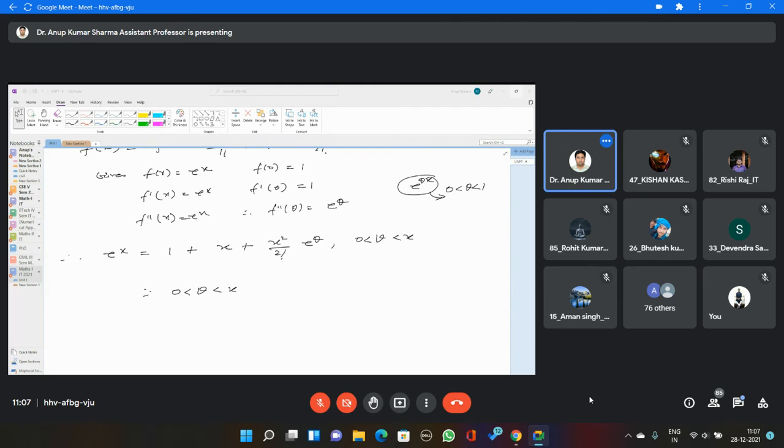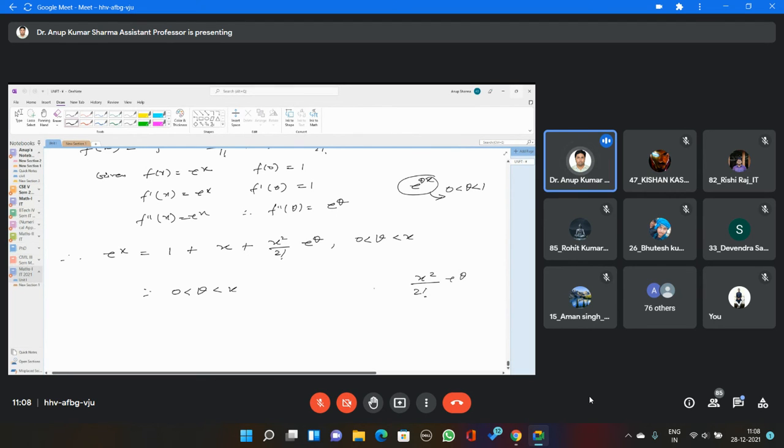Any questions or messages? Why do we take the second derivative as a remainder term? Suppose you are not taking the second derivative, so what remainder term would you take? Either third, the last question was third degree. So this is the remainder, x square factorial 2 e to the power theta.